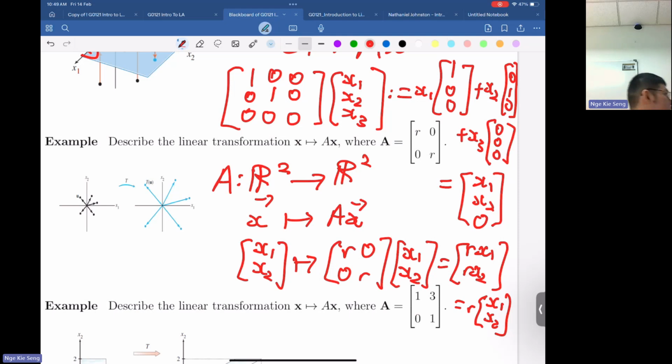Depending on what R you put, if R is greater than 1, it makes it longer. If R equals 1, it's just the identity. If R is less than 1, you make it shorter.